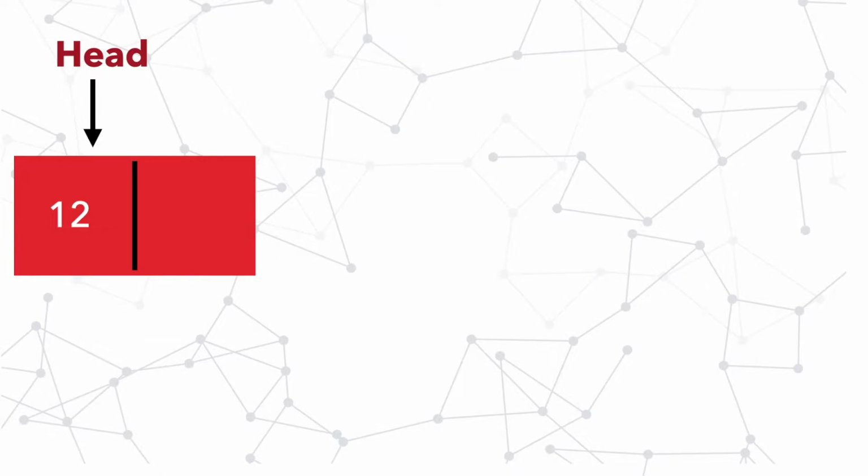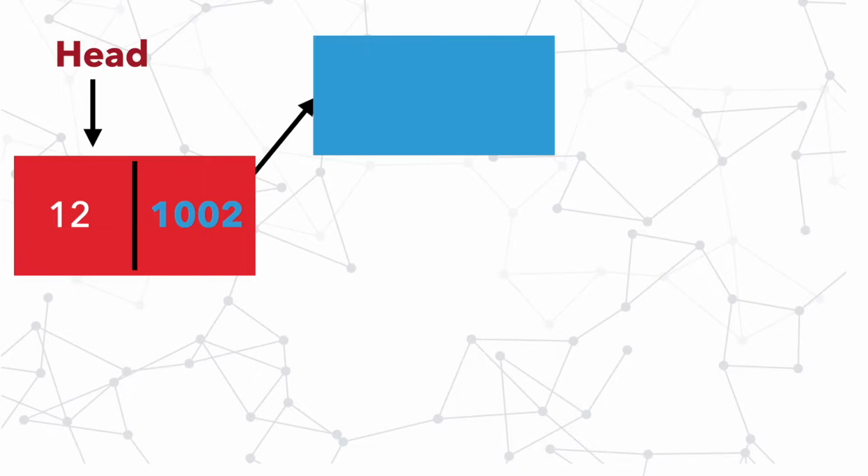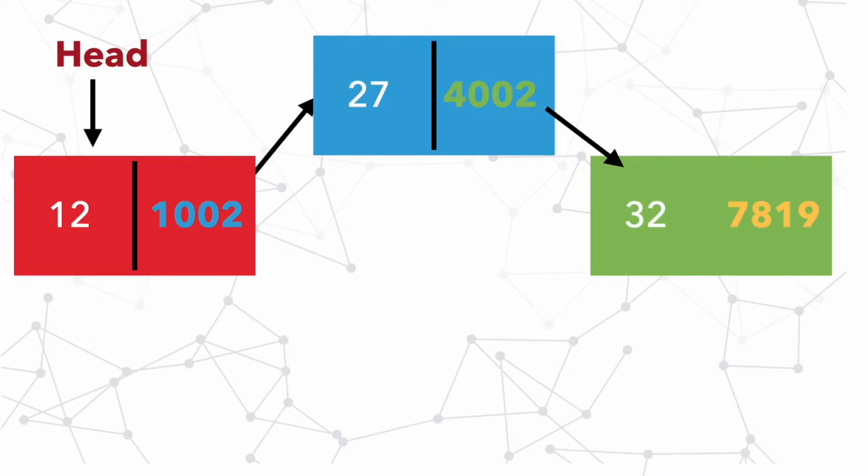Now I have arranged the whole linked list in color format. This particular node is in red, and you can see the color of head is in red, so the block is in red. Now you can see the address in the red part is in blue color, therefore it will point to the blue node, and it will have a data and a green address, and that will point to a green node.